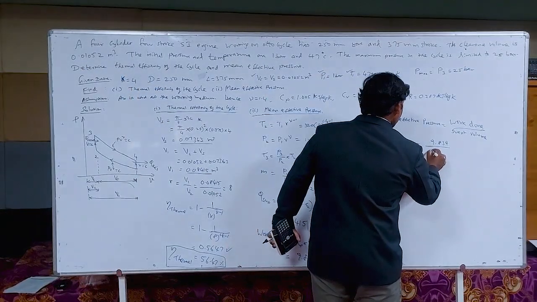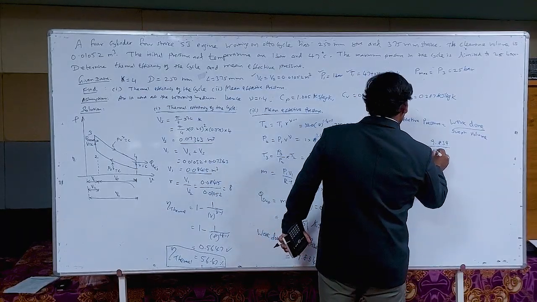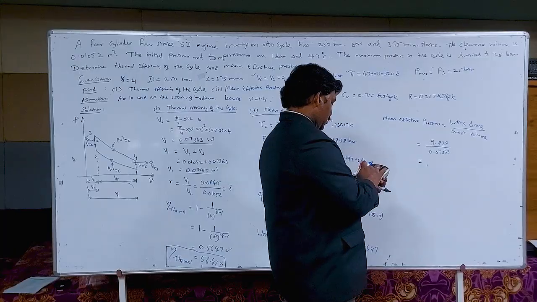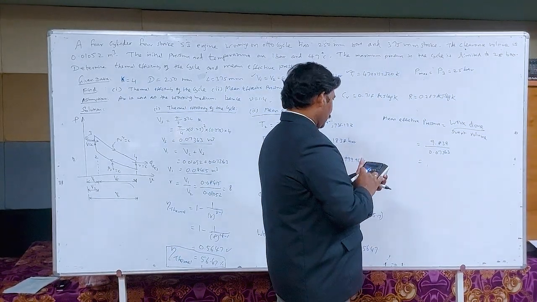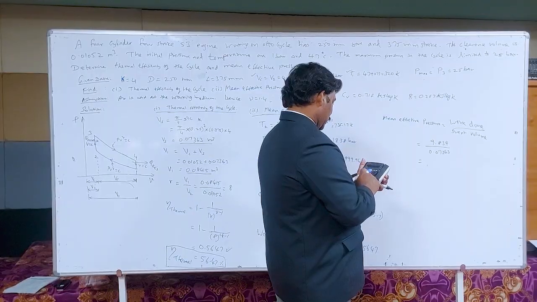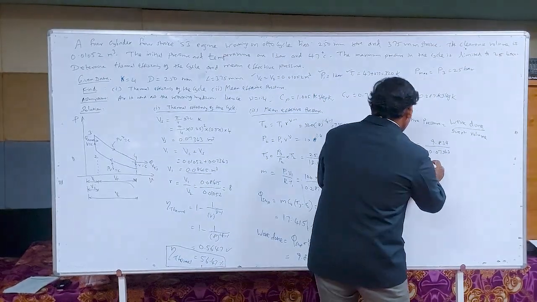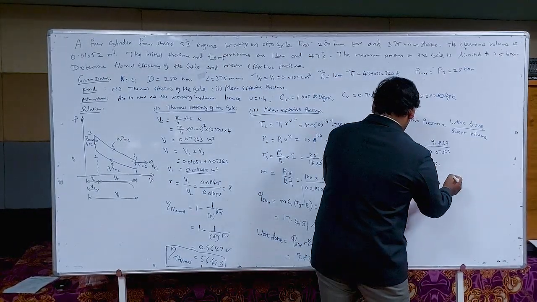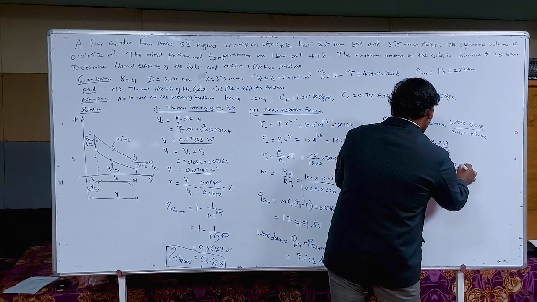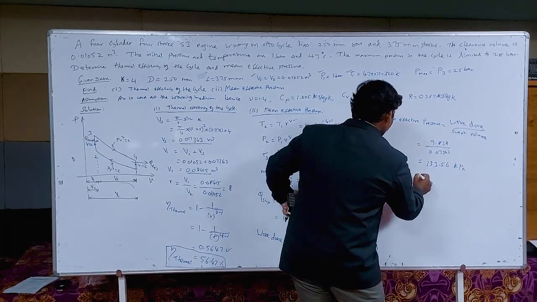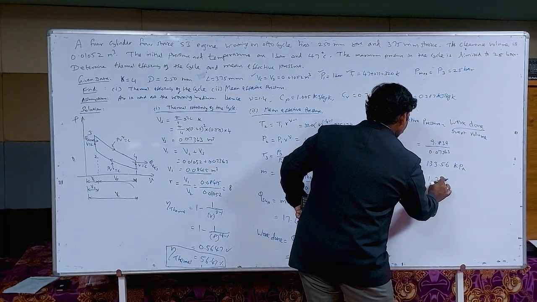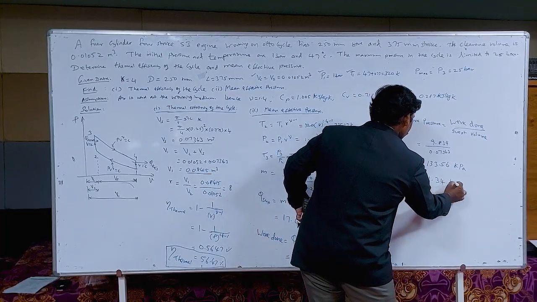So 9.834 divided by 0.07363 is 133.56 kilopascal, or I can write 1.34 bar.